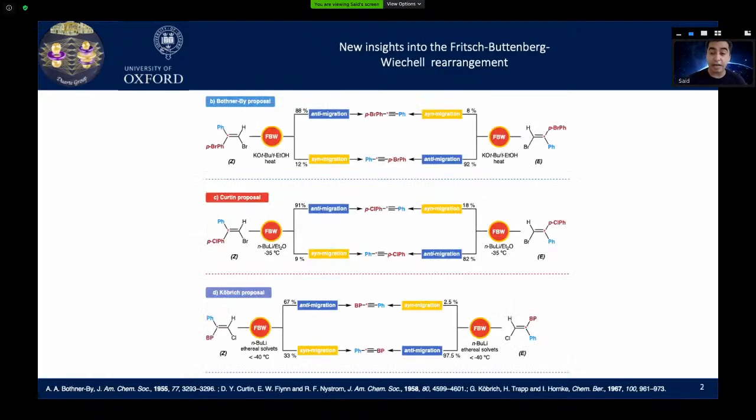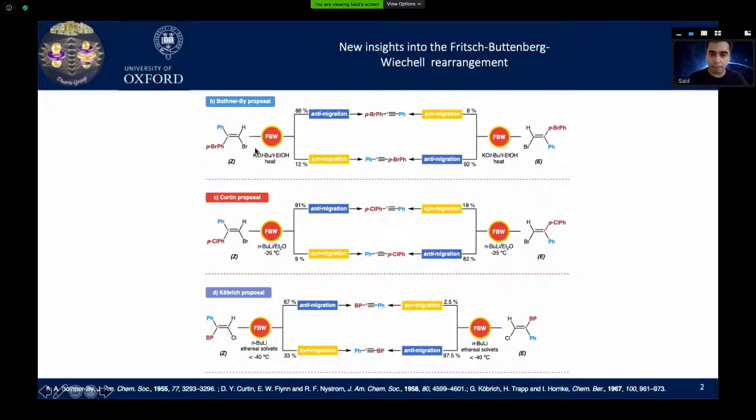This hypothesis was challenged by Bothner-By, Köbrich and coworkers during the 60s in a series of carbon labeling experiments, showing that the antiperiplanar beta substituent group relative to the halogen migrates in a stereoselective way.